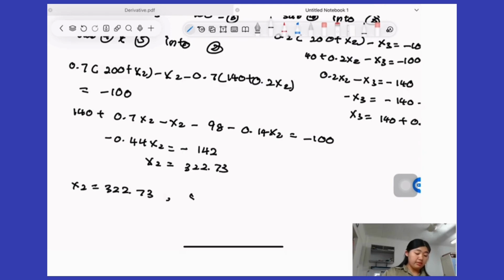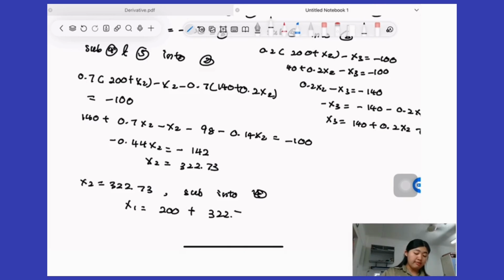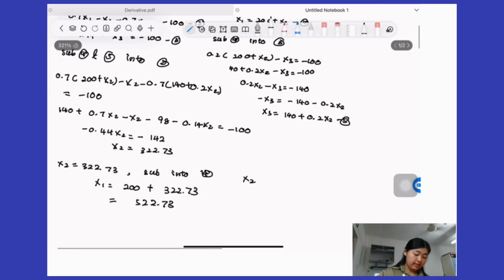And then we sub 322.73 into equation 4 to get the answer for x1. So x1 will equal 200 plus 322.73, equal to 522.73. Then x2 equal to 322.73, we sub into equation 5 to get the answer for x3.